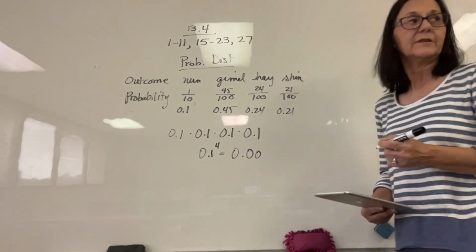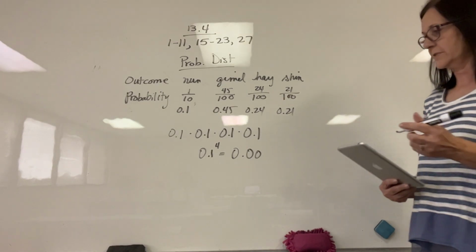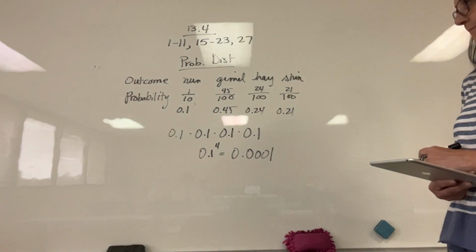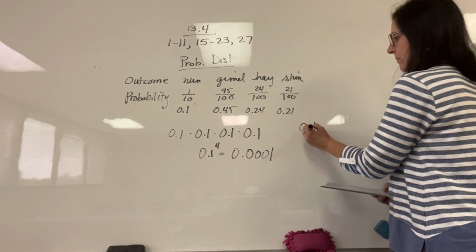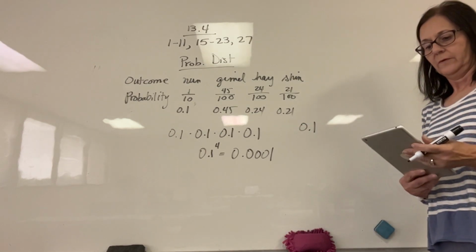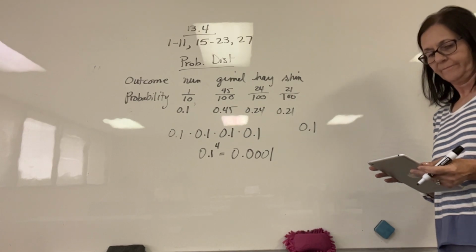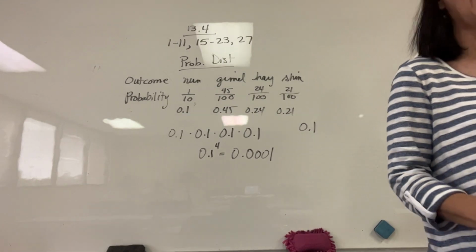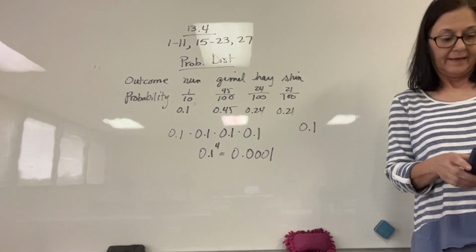How many zeros after the decimal? 4. You sure? I think it's only 3. Well, it's 1 over 10 times 1 over 10 times 1 over 10 times 1 over 10. That's why I did 4. So that would be 4 tens. So it's 1 divided by 10 to the 4. Why didn't we just use our calculators, people?